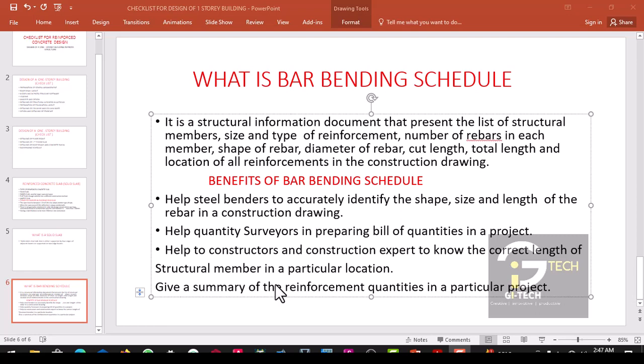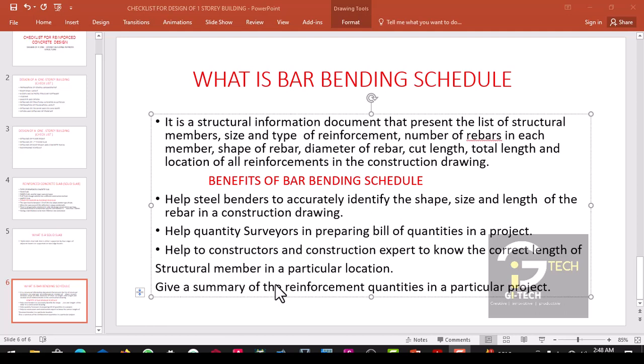Sometimes you find it difficult to calculate the length of the rebar in the working drawing. By the time you go to the bar bending schedule, you will now see the accurate length of that rebar. So that is what bar bending schedule does, giving you information about the reinforcement in a particular project.